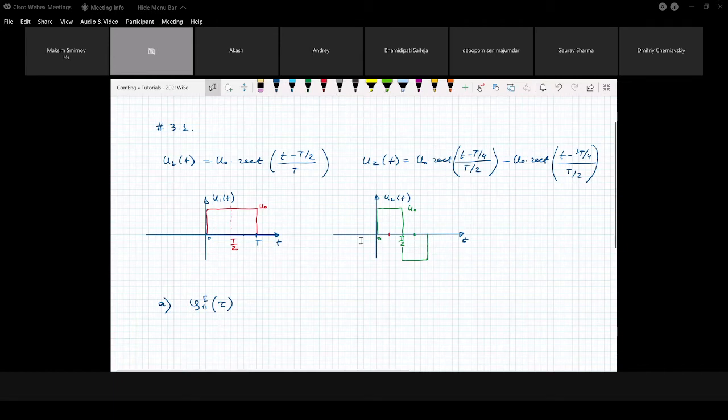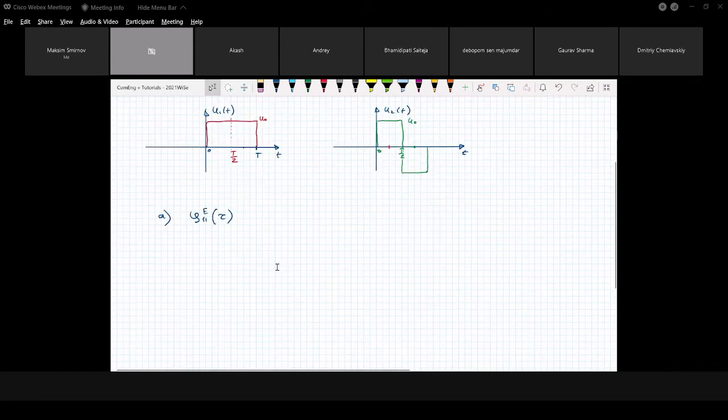We have an interesting situation. When you calculate autocorrelation, we need to find the following integral. The correlation phi k of tau we can write as the integral from minus infinity to infinity of signal uk of t times uk of t plus tau dt.